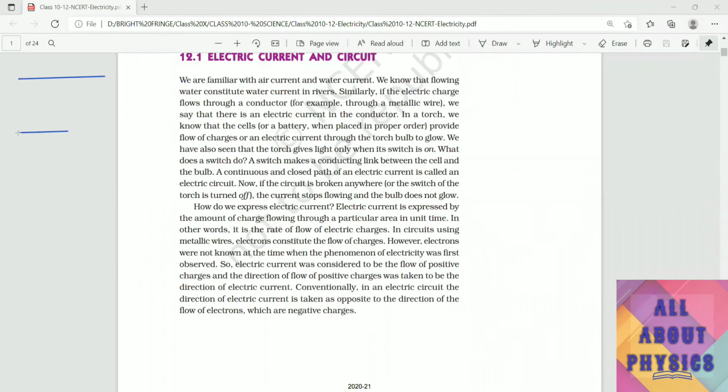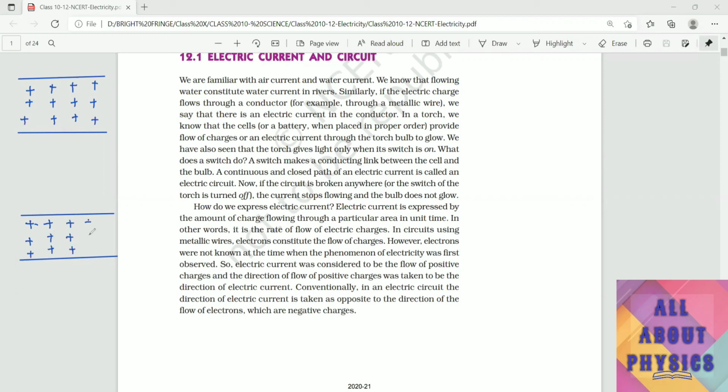Let's consider two different conductors. See, conductors are those substances which allow the passage of electric current. Okay? Conductors are those substances which allow the passage of electric current through them. This is conductor 1. And one more thing, that all conductors do not conduct in the same manner.